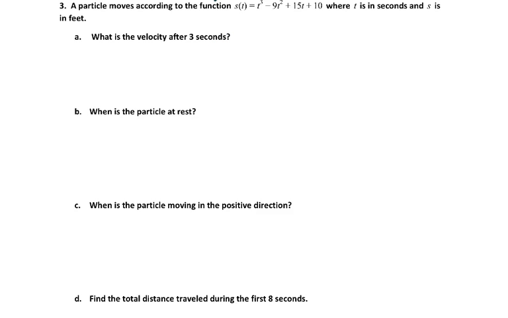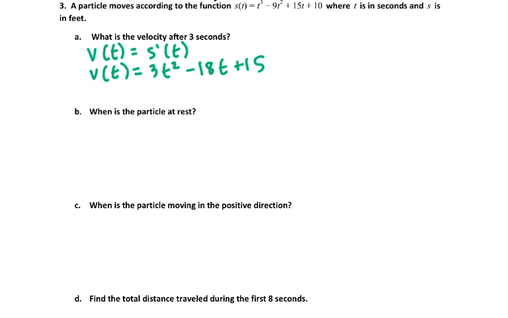So velocity is the first derivative, so v of t is going to equal the first derivative of our position function, which looks like we would get, let's see, 3t squared minus 18t plus 15.